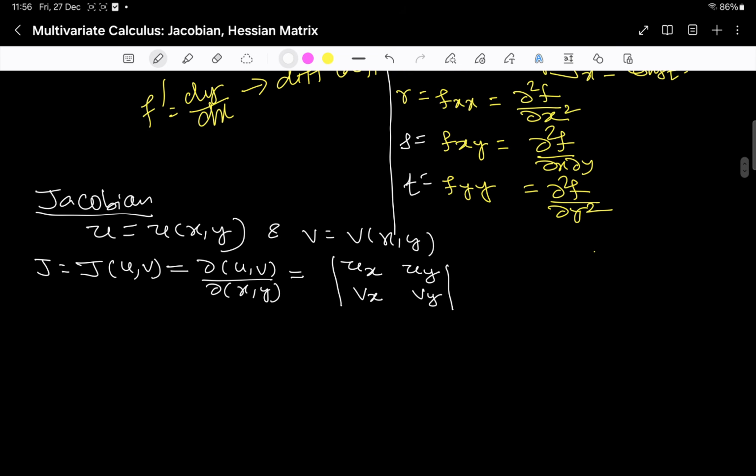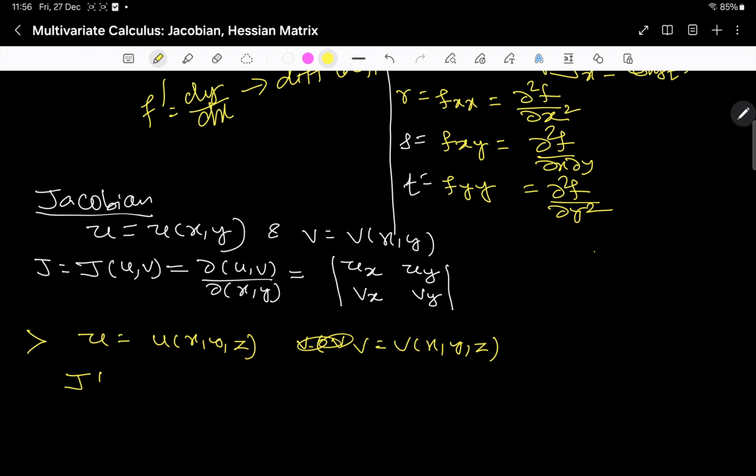Similarly, suppose you have the function of three variables. Suppose u is a function of x, y and z, and v is a function of x, y and z, right? And we want to find the Jacobian here, J of u, v, right? And this Jacobian will also involve some w, because the determinant has to be a square matrix.